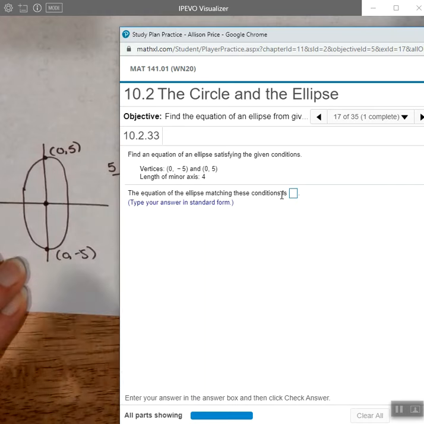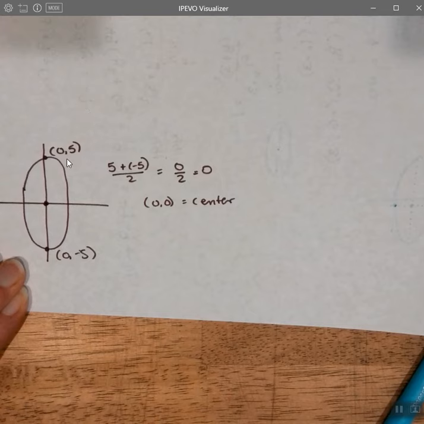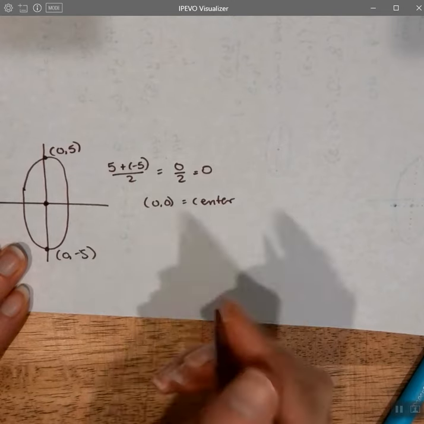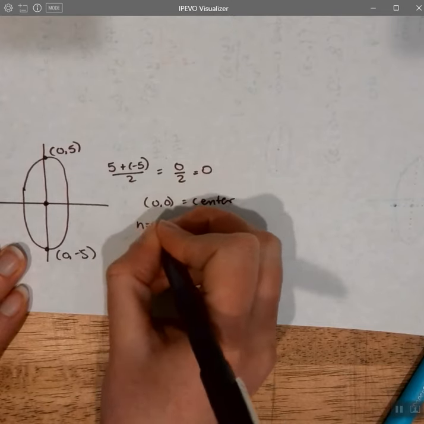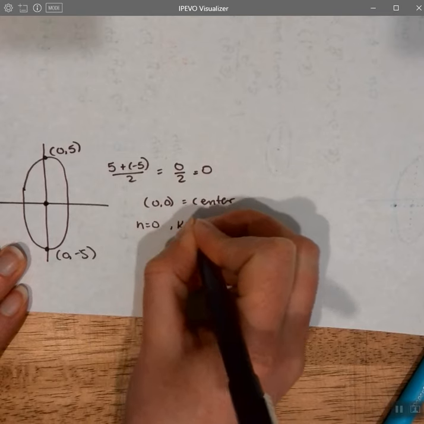So yes, I end up at 0, 0 as the center. Because it was 5 and -5, I eyeballed that. But if it's not going to be 0, 0, you can always find it by adding and dividing by 2. Okay. So H is going to be 0 and K is going to be 0.